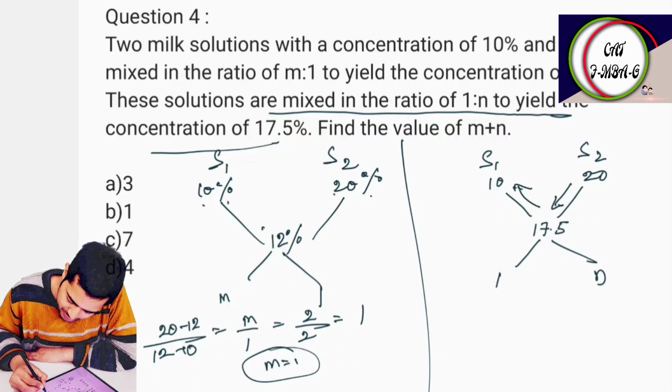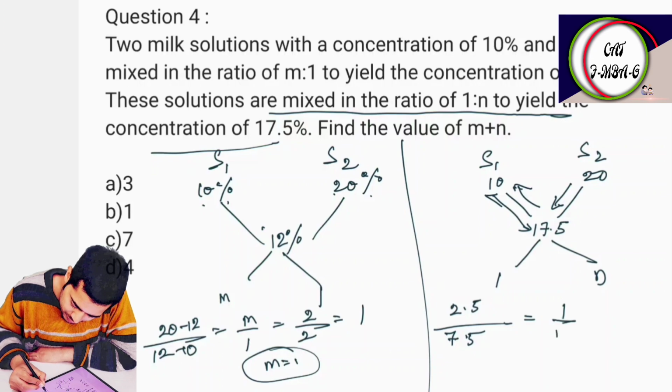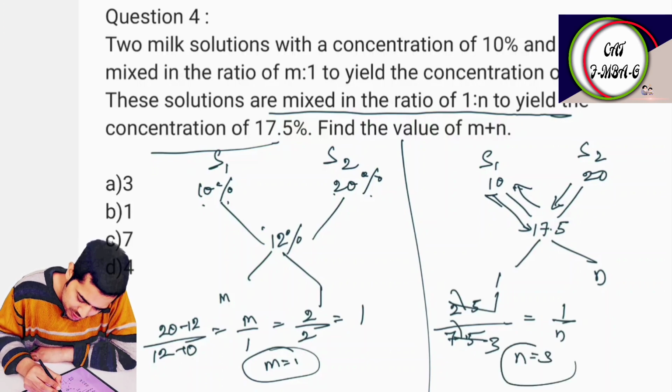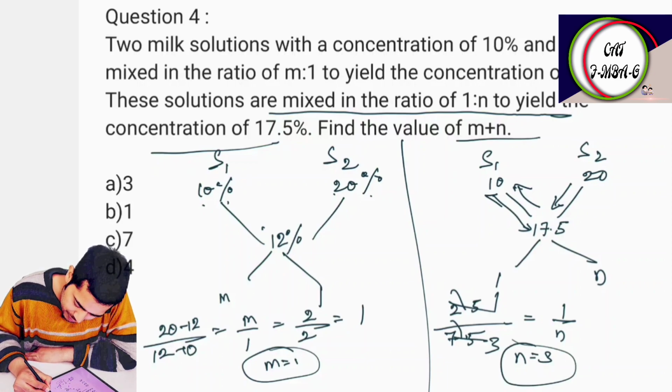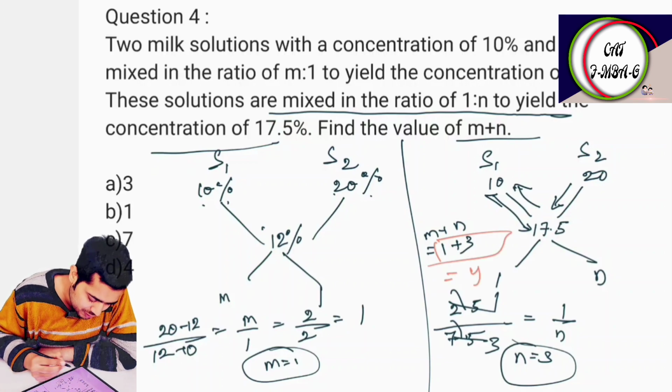So 20 minus 17.5, 2.5, divided by 17.5 minus 10, so 7.5, is equal to 1 is to n. This gets cancelled, 1 is to 3, n is equal to 3. Simple. What is the value of m plus n? m plus n is equal to 1 plus 3. This is your answer, equal to 4, option D.